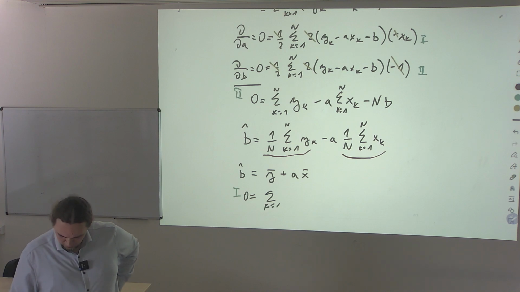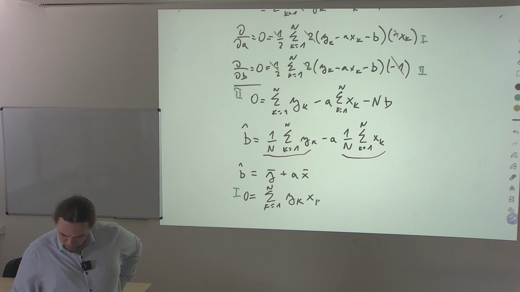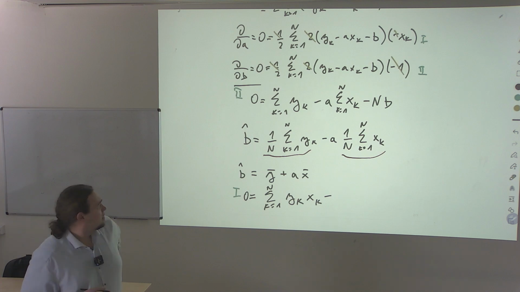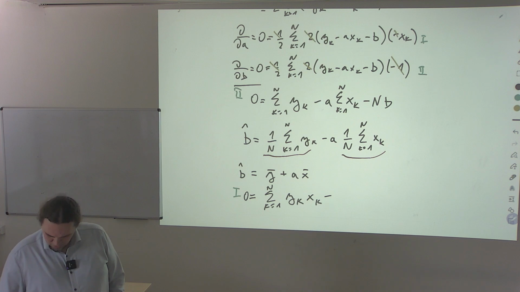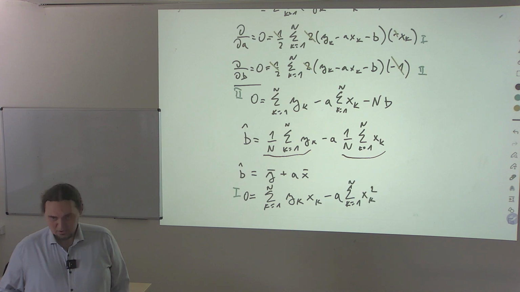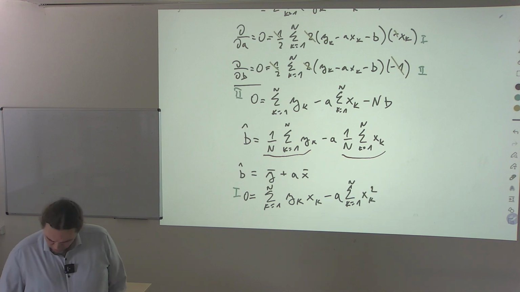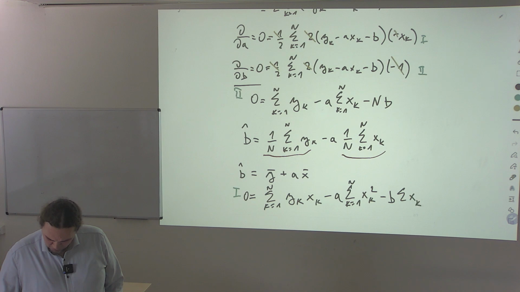So we definitely have the sum of yk times xk minus a, which will be again factored out, so we have minus a sum from k equal to 1 until n of xk squared, and the last term will be minus b times the sum of xk until n.